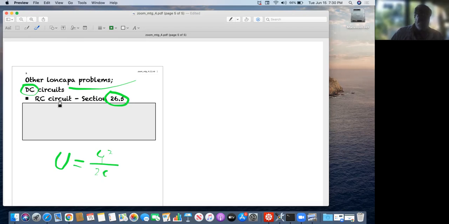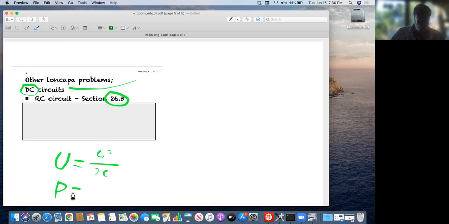So from the solution of the RC circuit problem in section 5, you'll know how Q depends on time. This gives you the field energy, the electric field energy inside the capacitor. And I think it probably also asks about the power dissipated in the resistor.